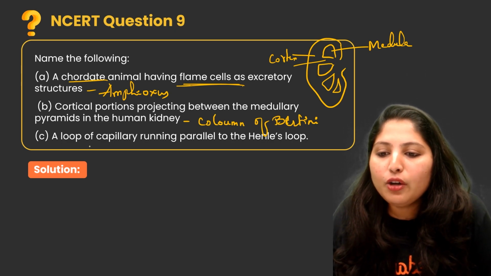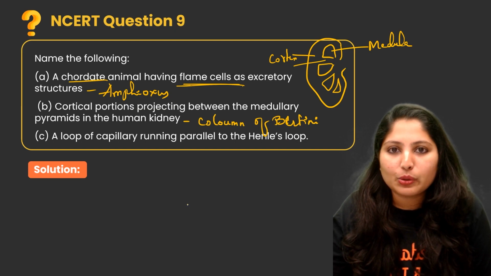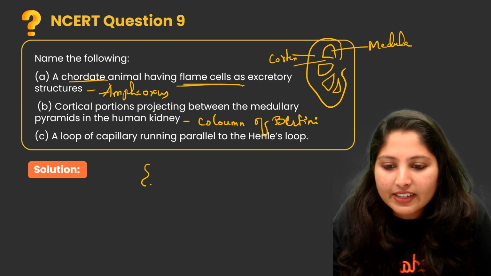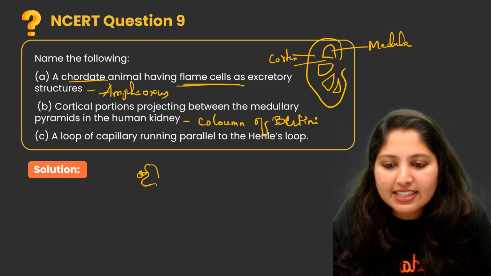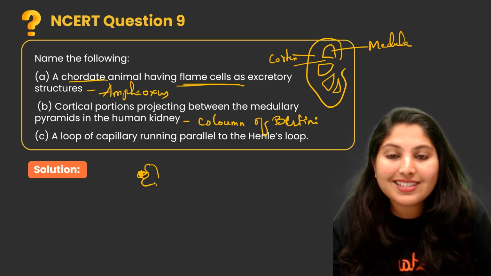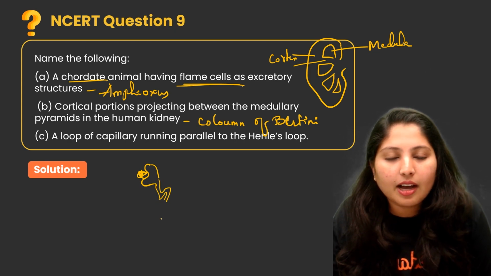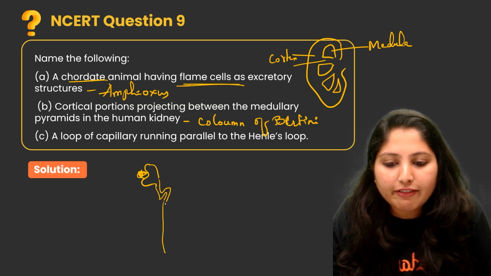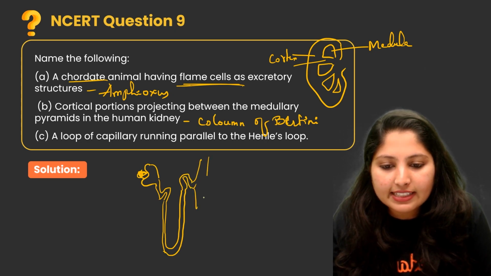Next one: a loop of capillary running parallel to Henle's loop. This is our kidney nephron. The Bowman capsule is there, and the glomerulus; together it is known as the Malpighian tubule. Here we can find the PCT, then Henle's loop, then the DCT, and finally the collecting duct.